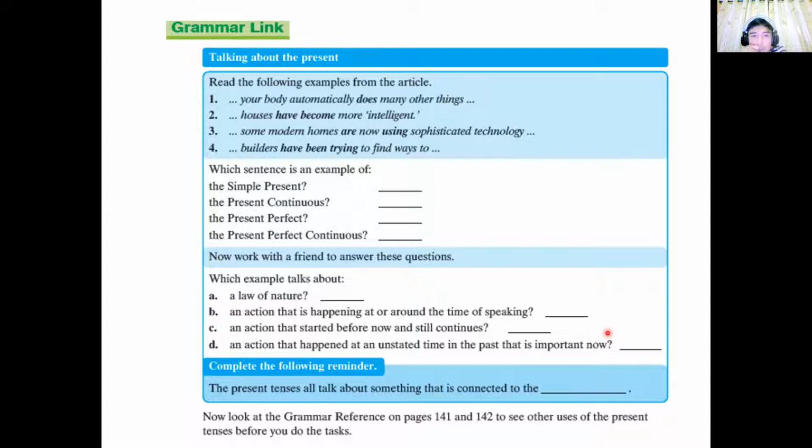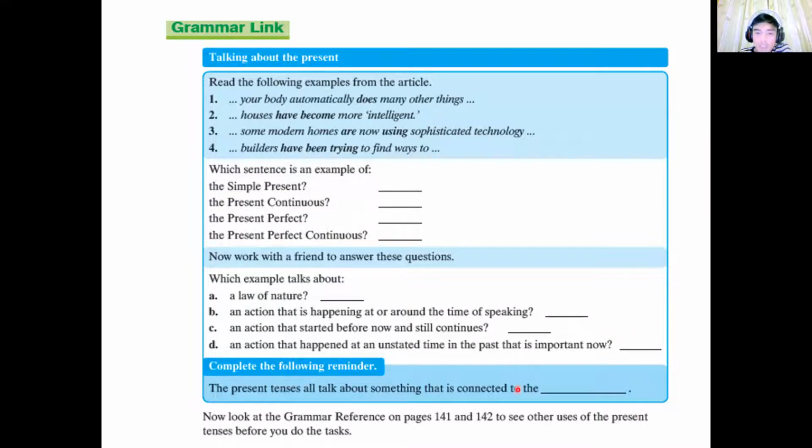Now, based on the article, read the following examples. First example, your body automatically does many other things. So does. Next, houses have become more intelligent. Have become. Next, some modern homes are using sophisticated technology. Are using. That means it's happening now. Next, builders have been trying to find ways to. Okay, have been trying.